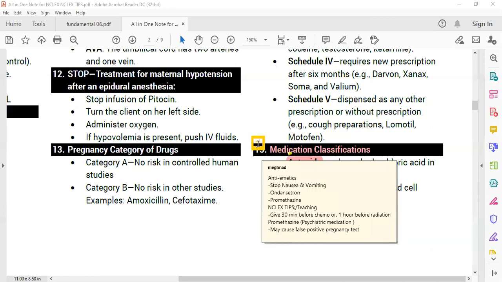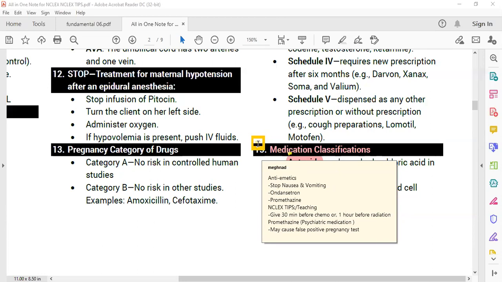Now let me talk about anti-emetics, the medication we use to stop nausea and vomiting. The most common medications we use are ondansetron and also promethazine.